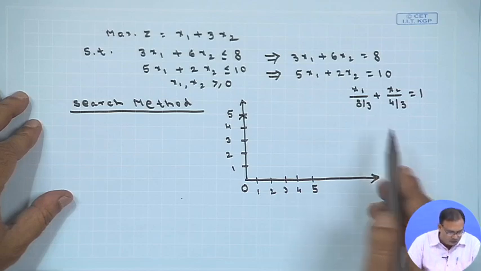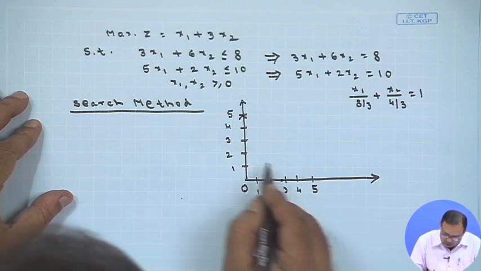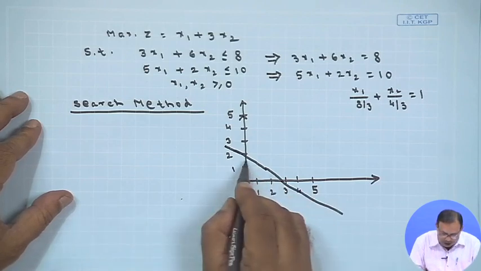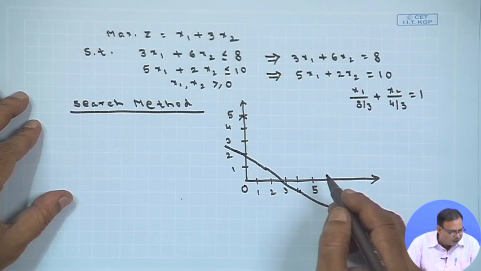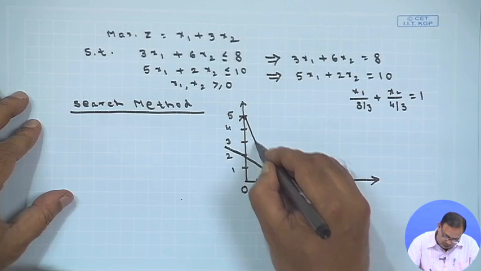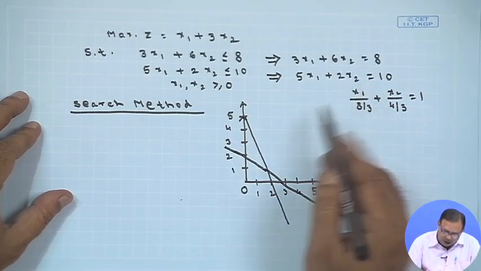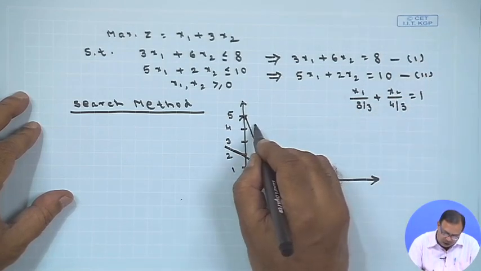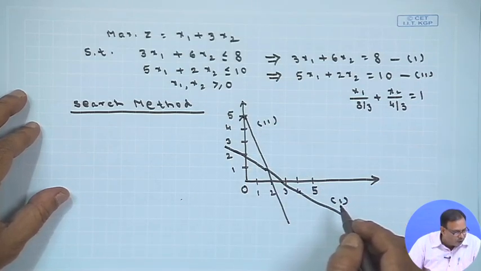One line will go through just below 3 here and the point 2, and there will be another line going through 5 and 2. This represents line 2, whereas this represents line 1.